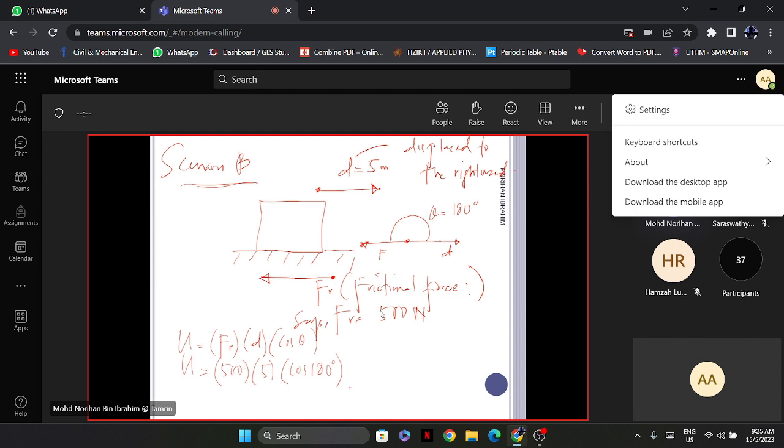If you solve this problem, you can get the answer U is equal to minus 500, because cos 180 degree is equal to minus 1. Kalau cos 0 degree is equal to 1. You can use your calculator. Cos kosong bersamaan dengan 1. Cos 180 sama dengan negatif 1.